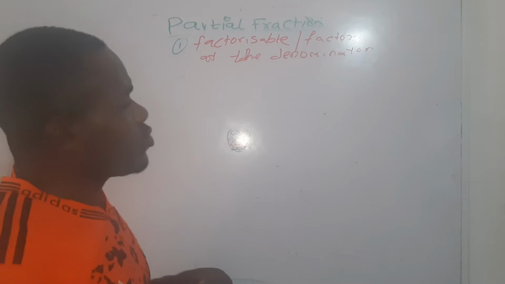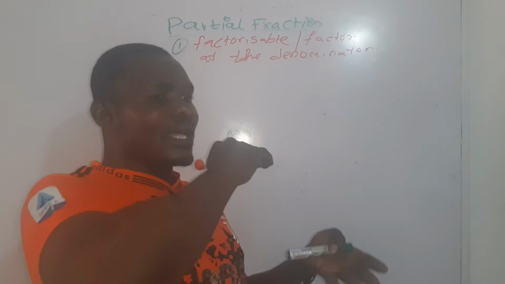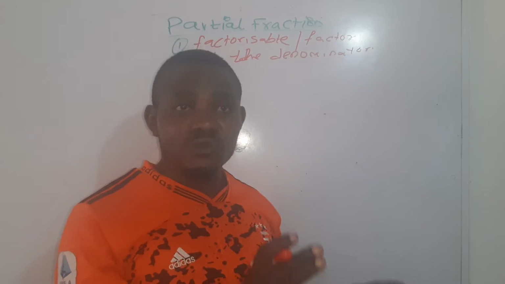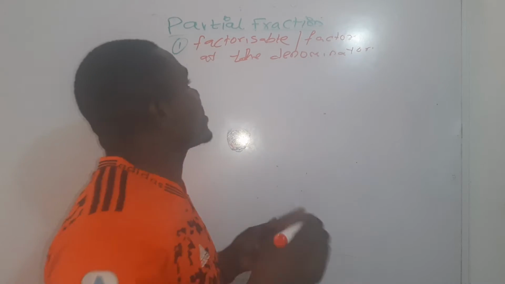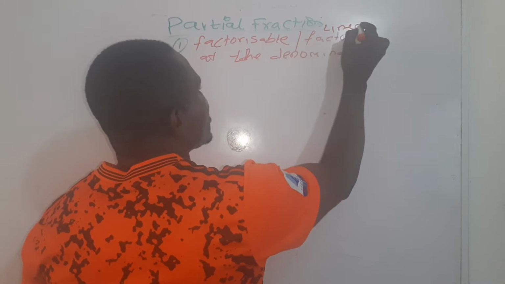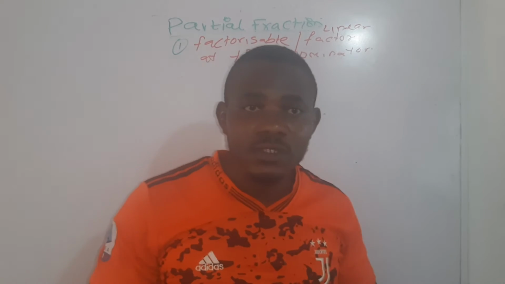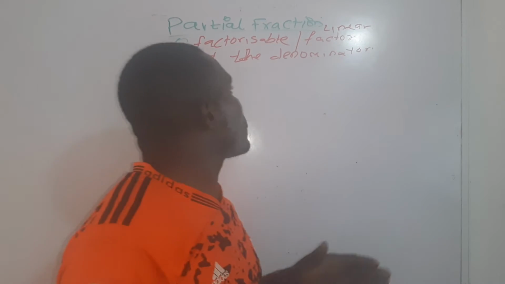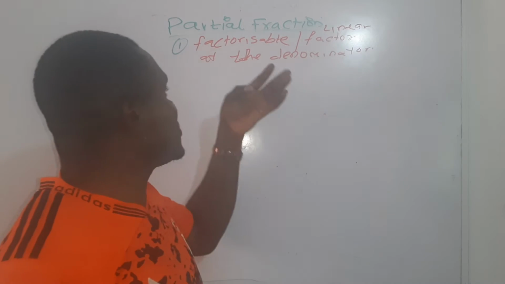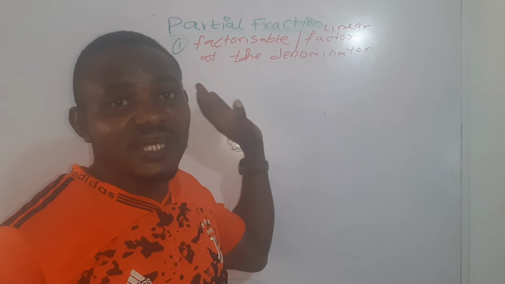So when you see the question and look at the denominator, probably it's just a single factor, that is a linear factor, with no power, or the denominator is factorizable. Then you can use this approach.